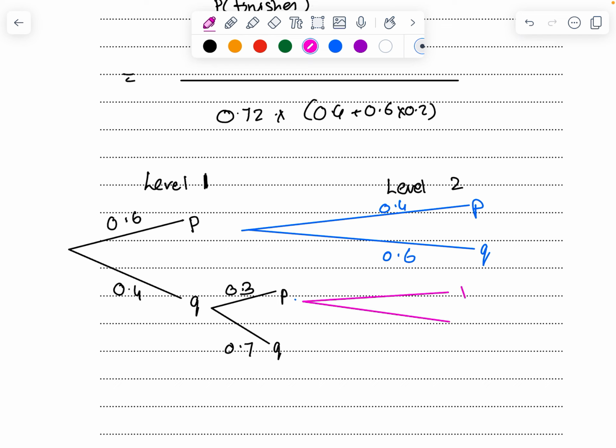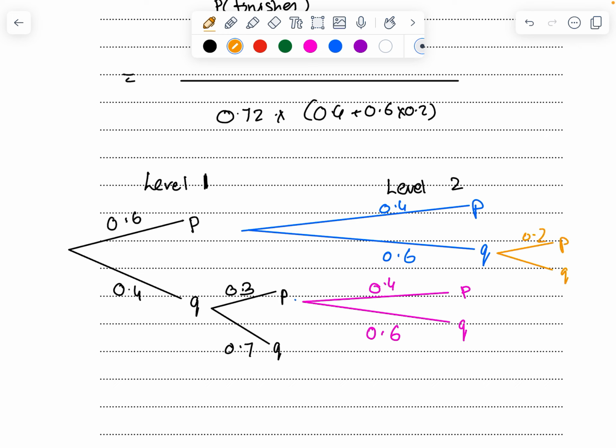After passing, the probabilities are 0.4 and 0.6. If she fails her first attempt in level 2, she completes it in the second attempt: passing is 0.2 and failing is 0.8.